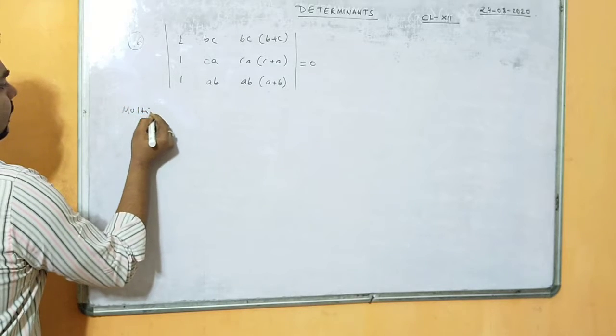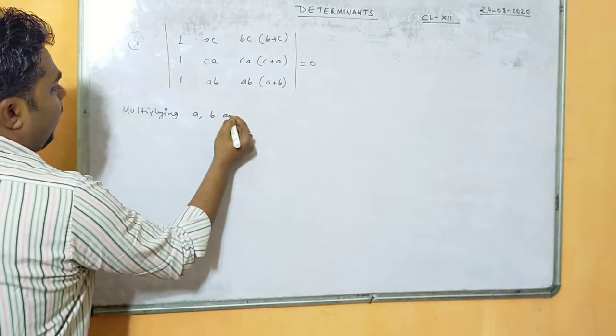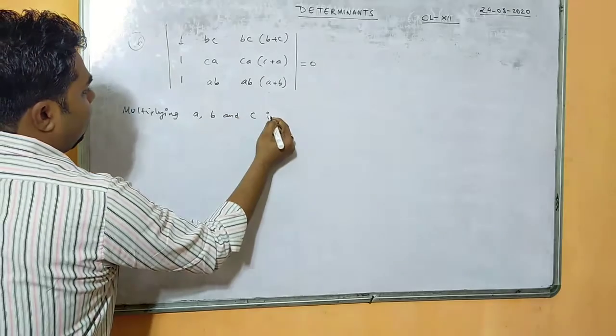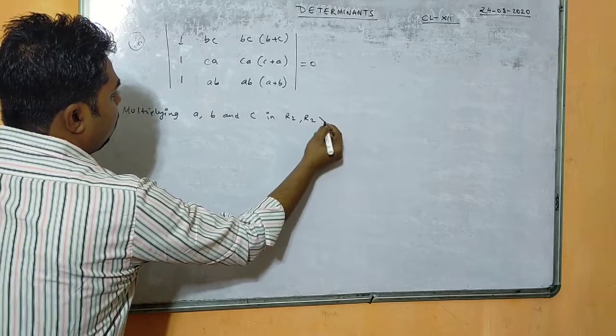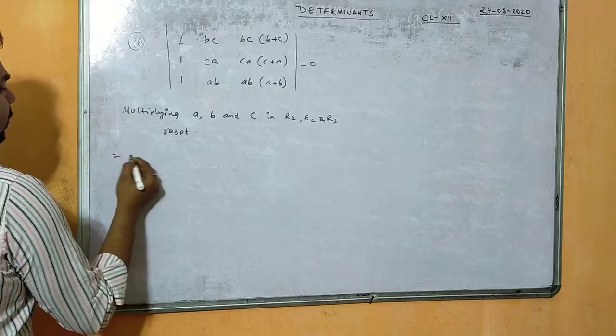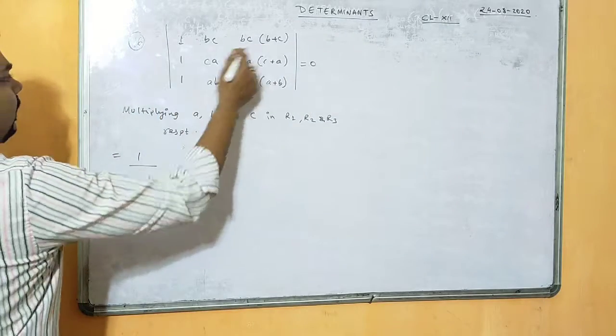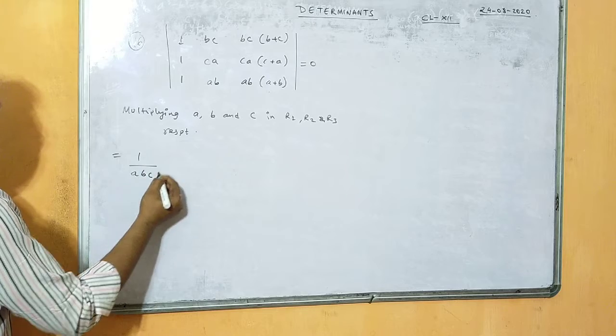Multiplying A, B and C in row 1, row 2 and row 3 respectively. So that means when we are multiplying any element in the row, then we have to divide.